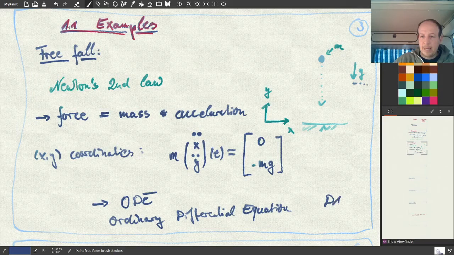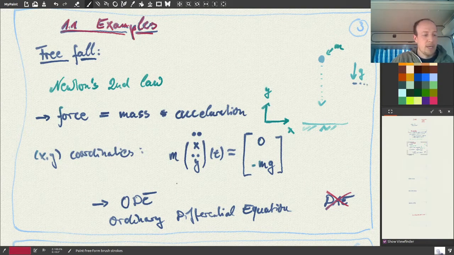This is not a DAE yet. So no DAE. This is just a pure dynamical process where there are no constraints. Of course, there will be some constraints at the latest when it hits the ground. But as it is now, it's just a dynamical process, and we can use an ordinary differential equation to describe it. So no DAE.